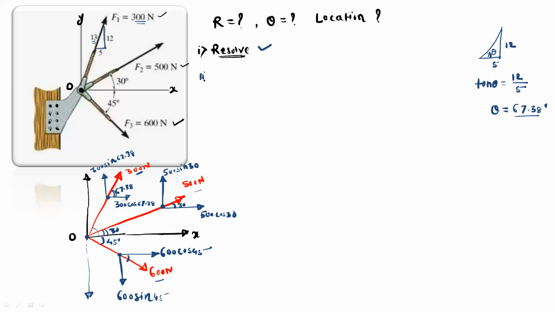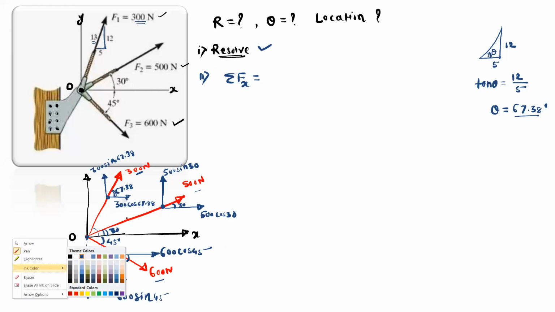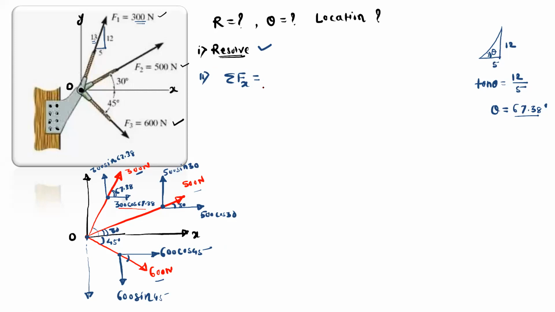Now the second step is to write summation Fx. Consider all the x components. First is 300 cos 67.38, positive along the positive x direction, plus 500 cos 30, and again plus 600 cos 45.